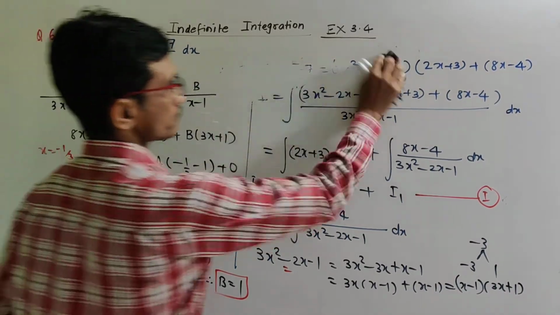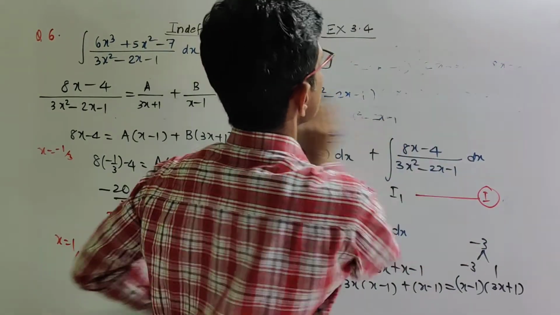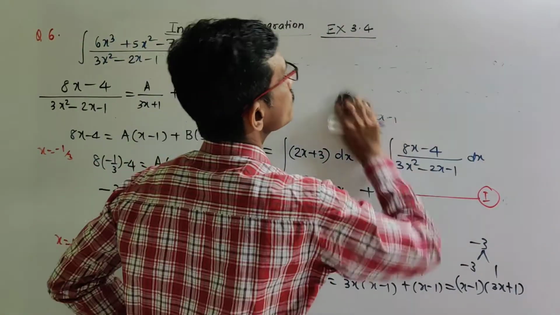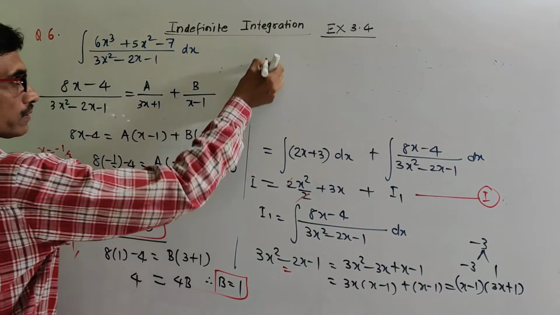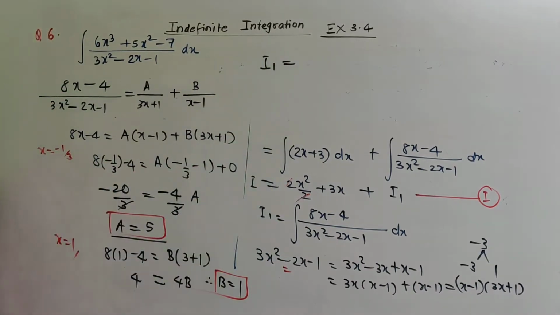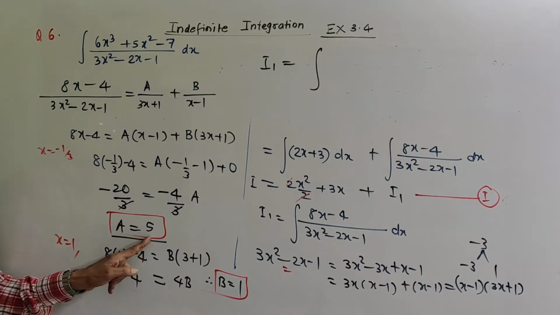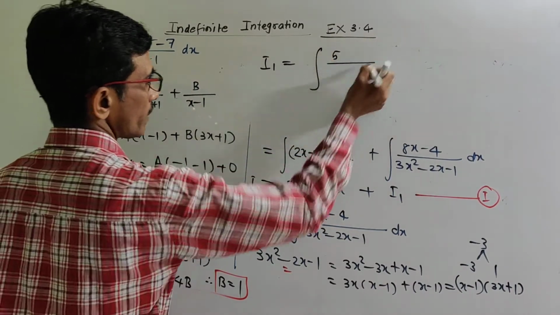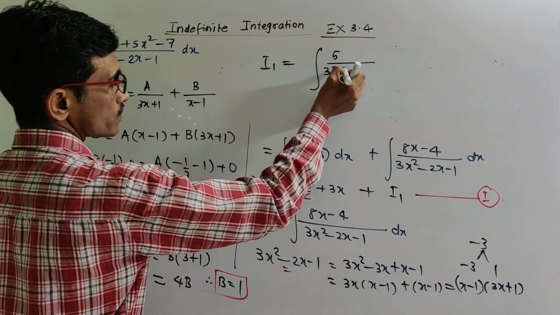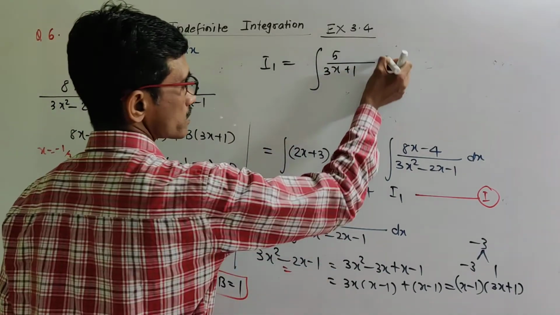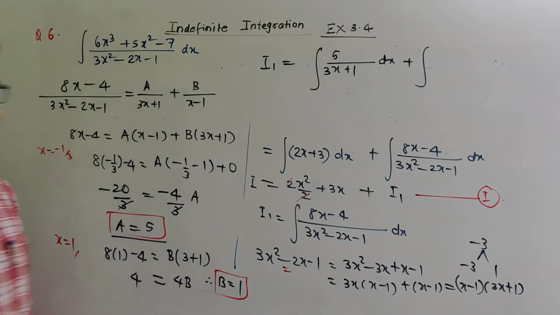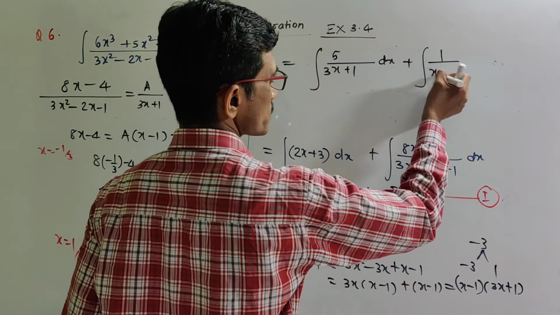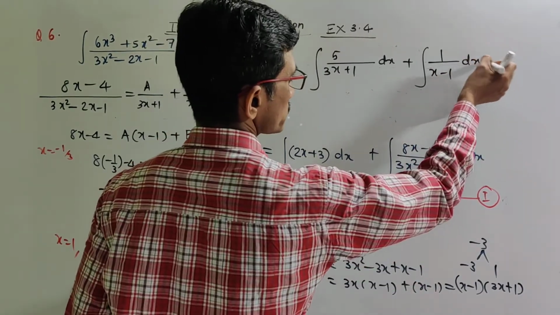Integral I1 is equal to integral of a upon 3x + 1 dx, where a is 5, plus b upon x − 1 dx, where b is 1.